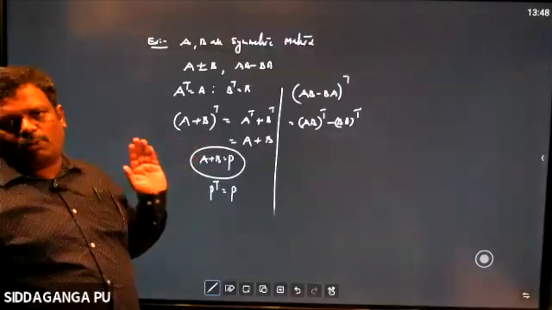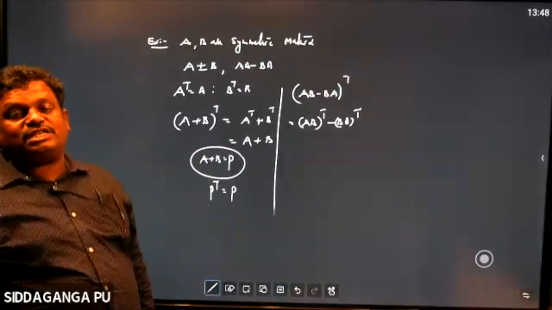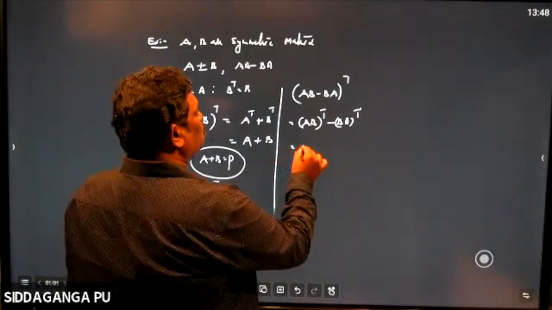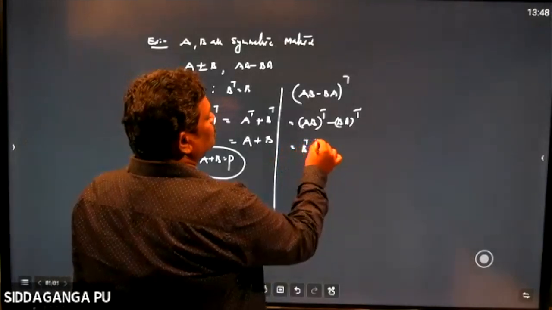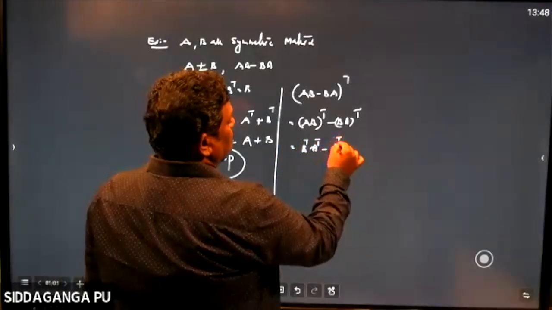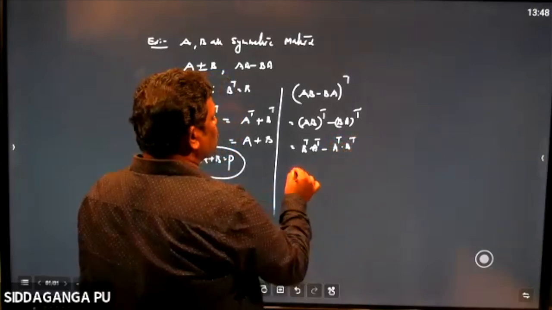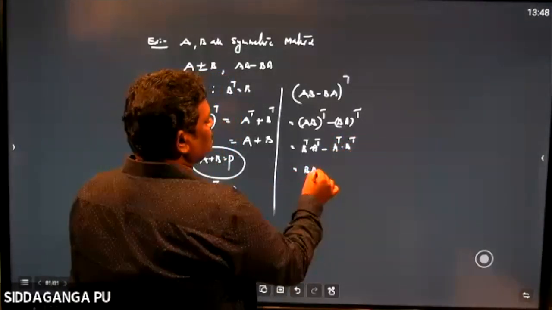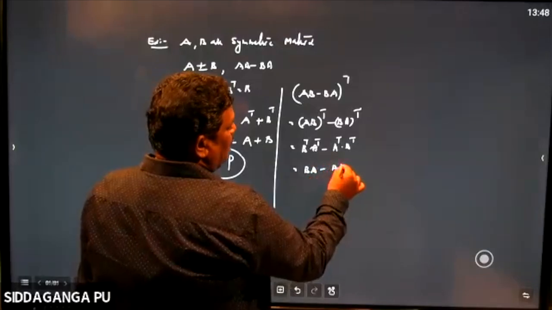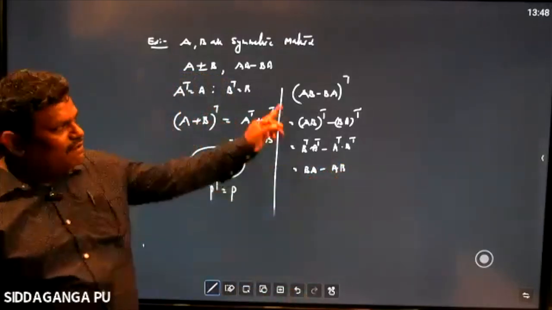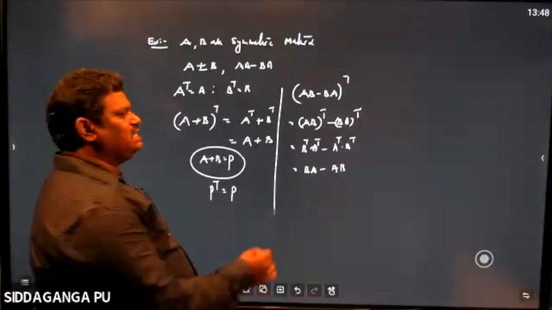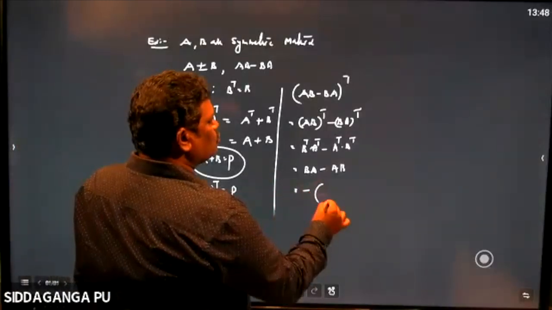I already gave the property: AB whole transpose is written in reverse, B transpose into A transpose. So B transpose into A transpose minus A transpose into B transpose. B transpose is B and A transpose is A, giving BA minus AB. But the given expression is AB minus BA, so this is not matching. We take minus one common.